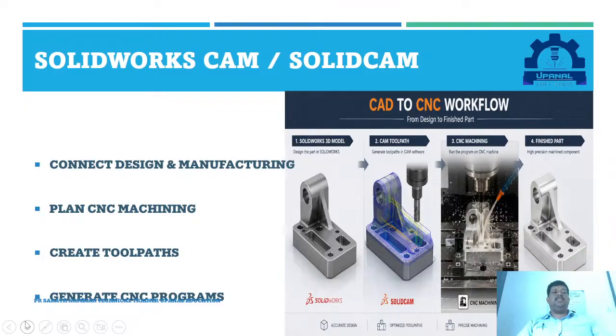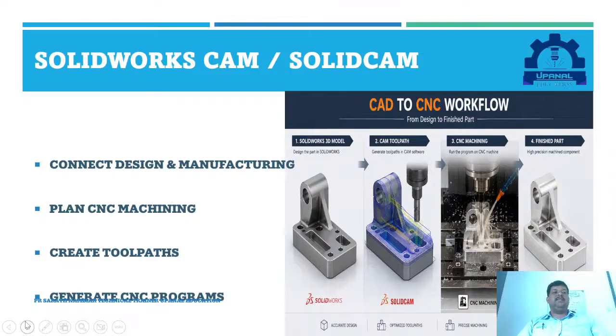Tools such as SOLIDWORKS CAM and SolidCAM can use the CAD model as a starting point for planning machining operations. The programmer can define the machining setup, select suitable tools, and generate toolpaths, which represent the movement of the cutting tool. The toolpath can then be simulated to check the machining process before the program is sent to the CNC machine.